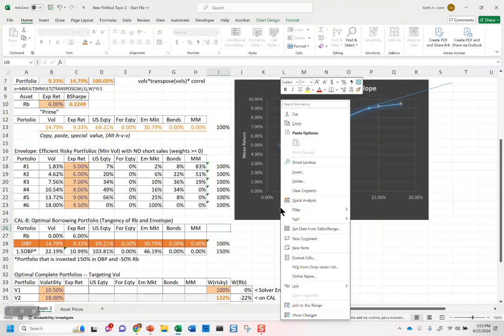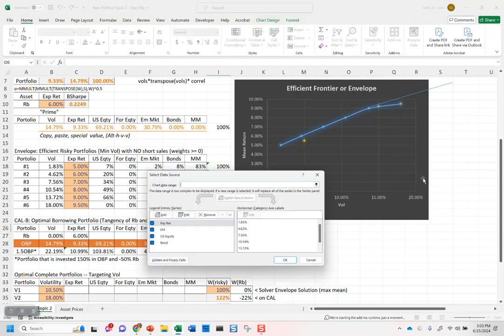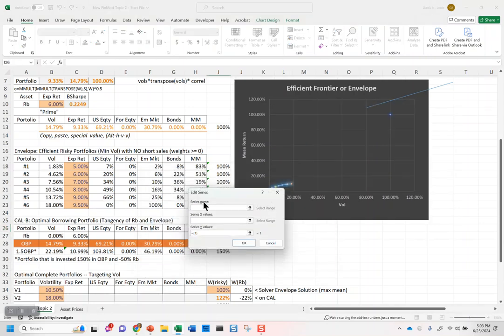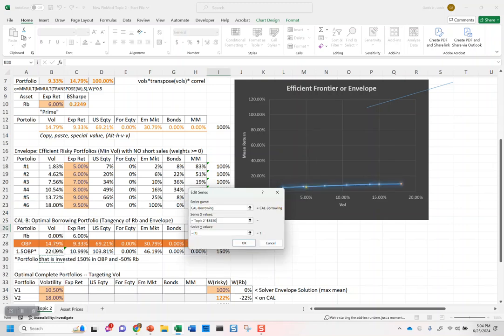We're going to right click, select data, add. I'll call it capital allocation line dash borrowing. My X variable, standard deviations, I'm going to put in the 2 vols, not the 3, but the 2 vols. These 2 values right here.